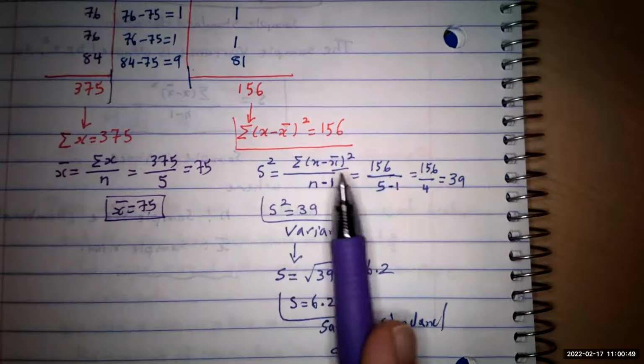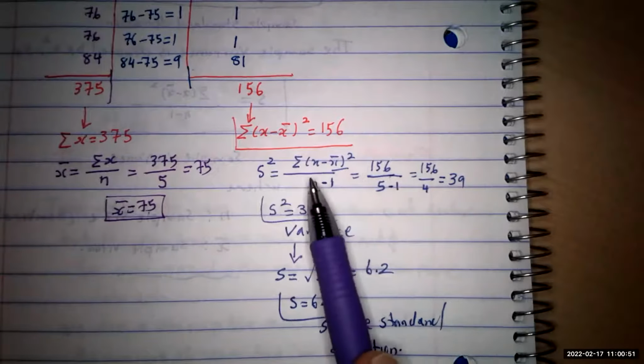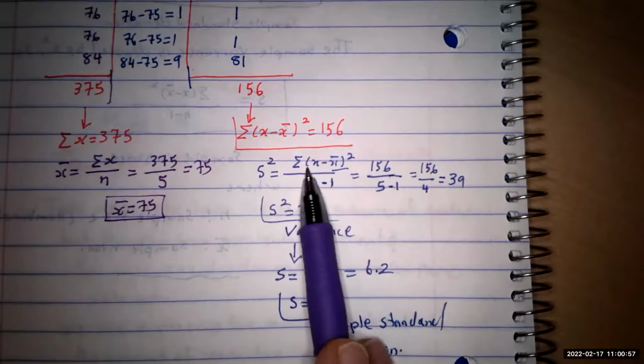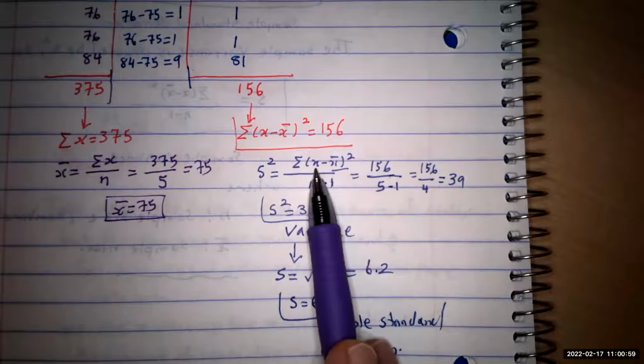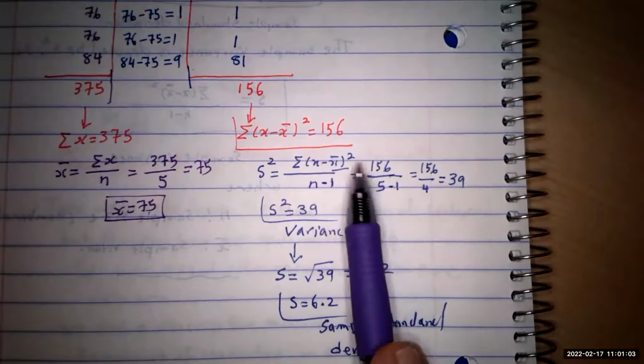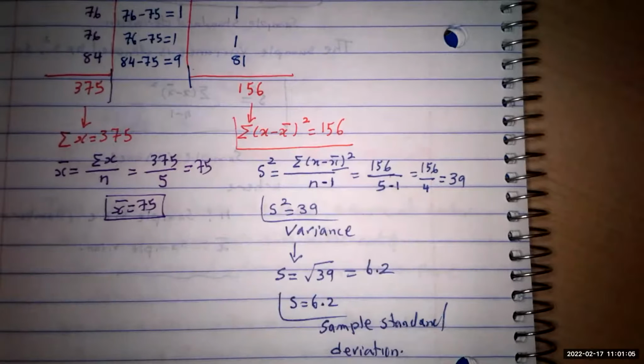This is the one that we are going to use: sigma of (x minus x bar) squared over n minus 1. If you do some algebra on x minus x bar, you square it and expand it, that gives you a much easier formula to operate. So just a remark regarding the formula.